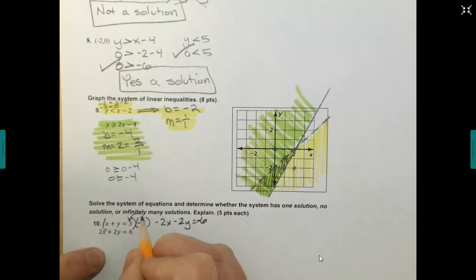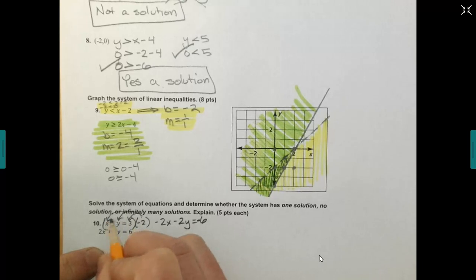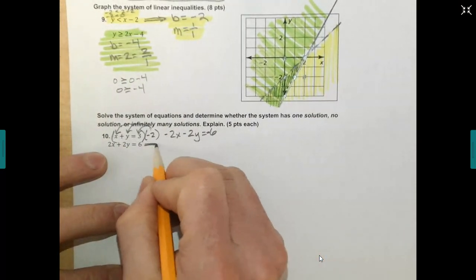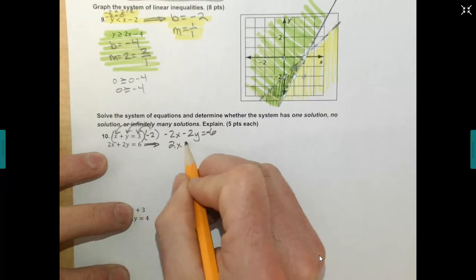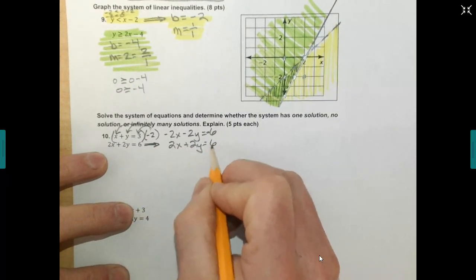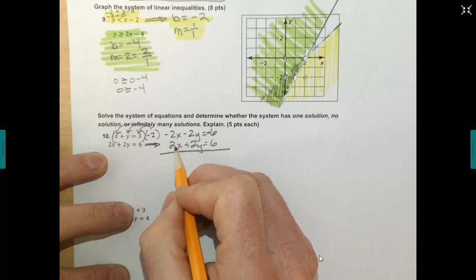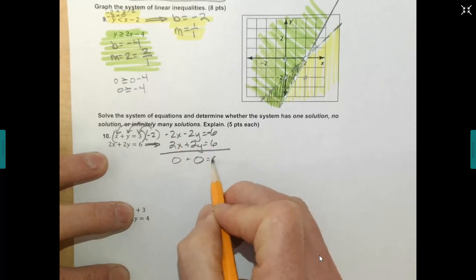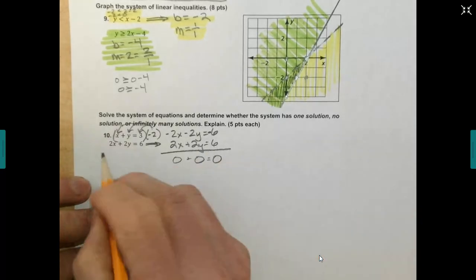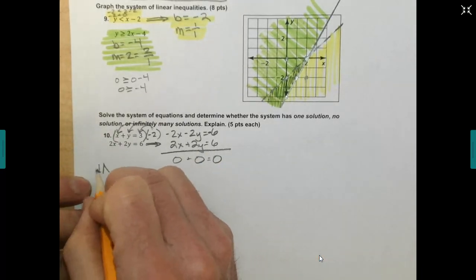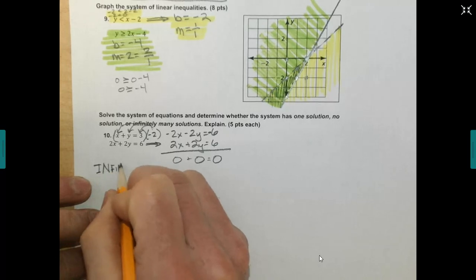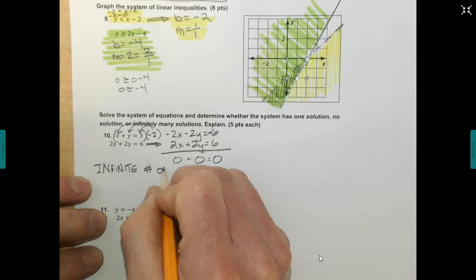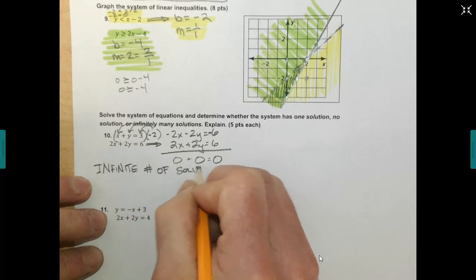Because I distributed this through each one. And then I take my original equation, which is 2x plus 2y equals 6. So I have 0, 0 equals 0. So this is infinite number of solutions.